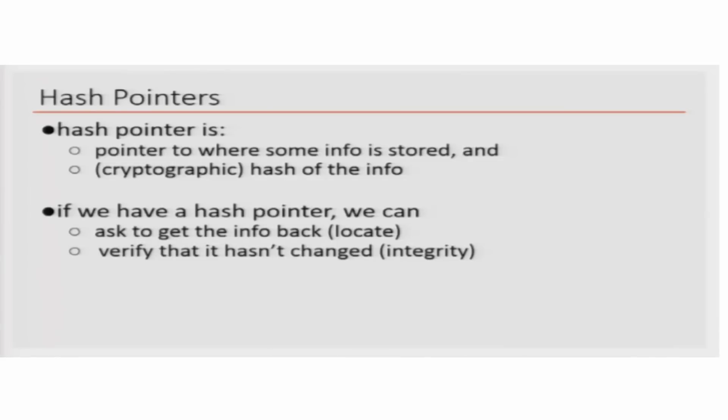So, what you do is you have something called a hash pointer. What is a hash pointer? You have a block of data and you want to locate that block of data, so you have to somehow point to it and keep a handle on that pointer. What you do is you compute the hash of the data, and then you say that this is my handle on that data.